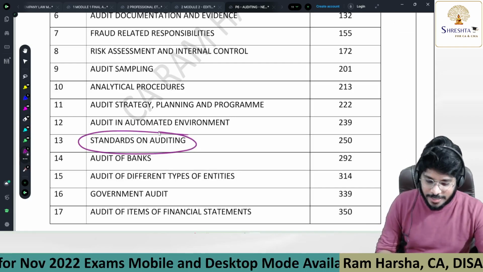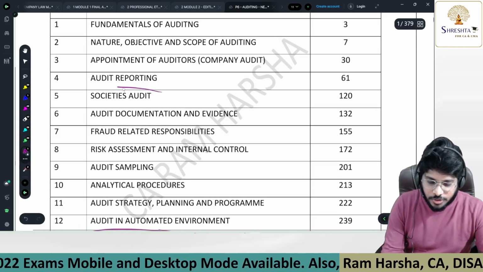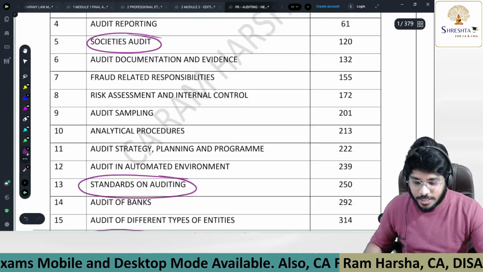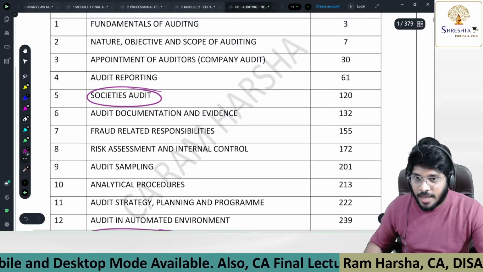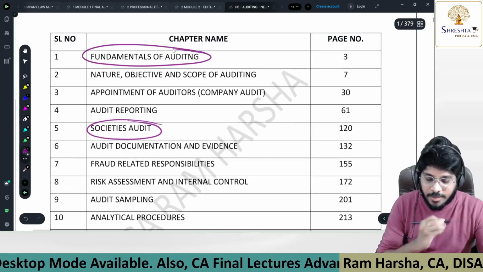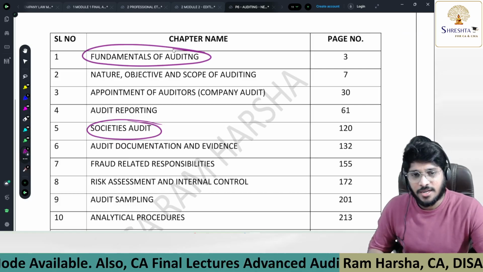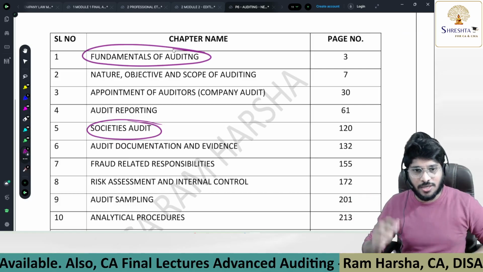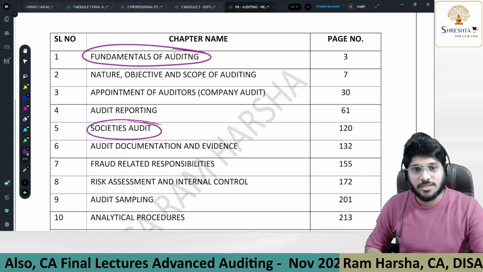As per the institute material, you will not find government audit and societies audit separately; these two chapters you will find as part of audit of different types of entities. One more chapter that I am additionally providing is the first topic, fundamentals of auditing. There is some basic terminology that you need to listen to and understand before you start the audit subject.